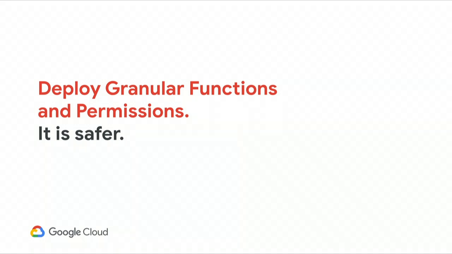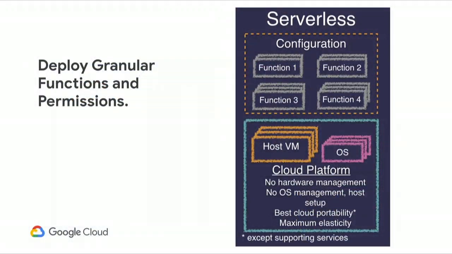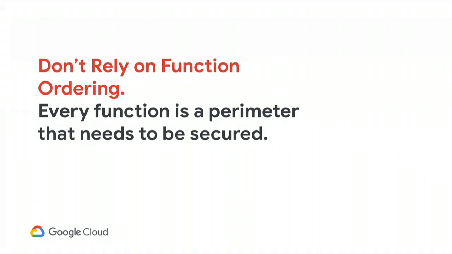There are doors and things that you need a special badge for, or a different colored badge, something along those lines. It would be madness to issue everyone that came to Google Cloud Next just a generic, like, you're allowed everywhere badge, right? And it's the same here. Deploy granular functions and permissions. Don't let everyone access every function. It's just better.